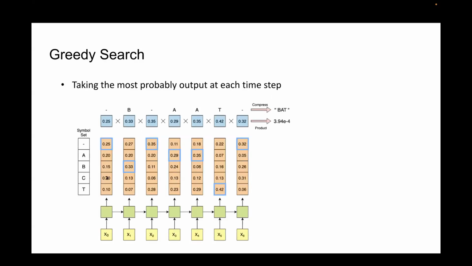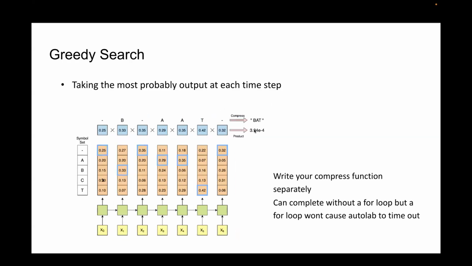Greedy search, as the name suggests, is just picking the highest max value given your symbol set and your logits at each time step. You have your final output string, and you follow some compression techniques, which will be talked about in the lecture, to calculate what your final output looks like and its probability. So that is greedy search.